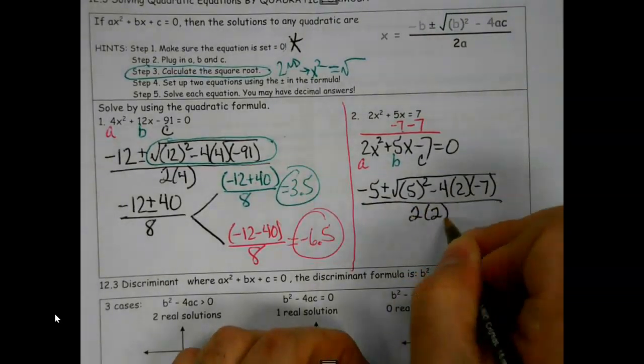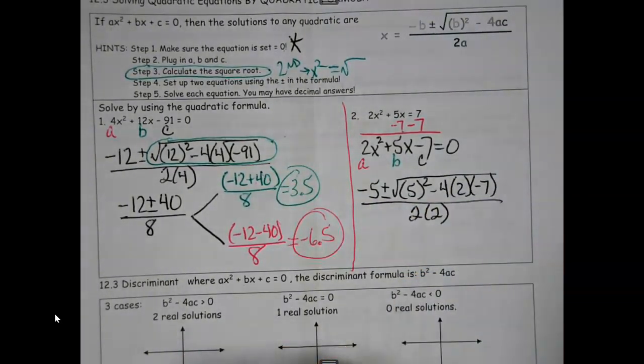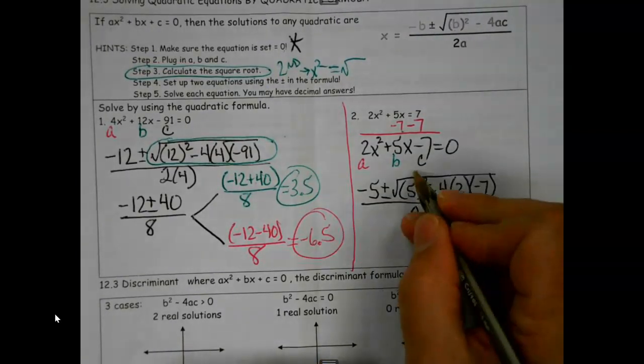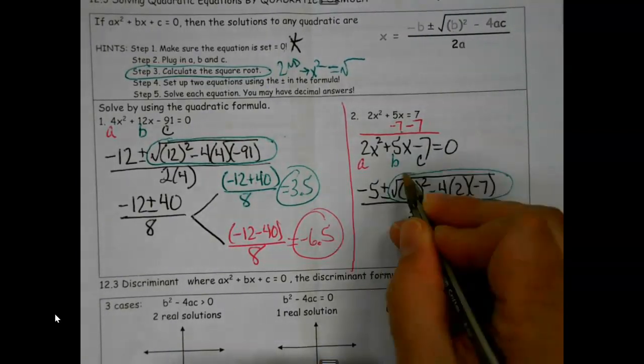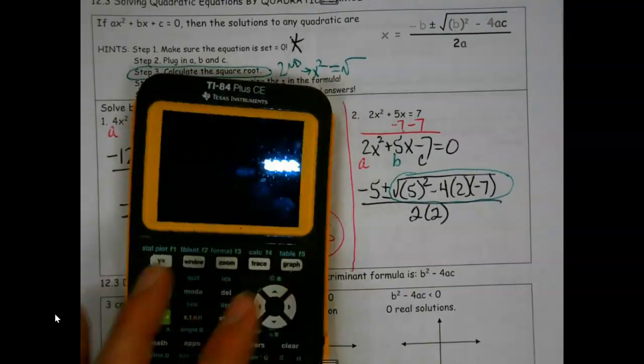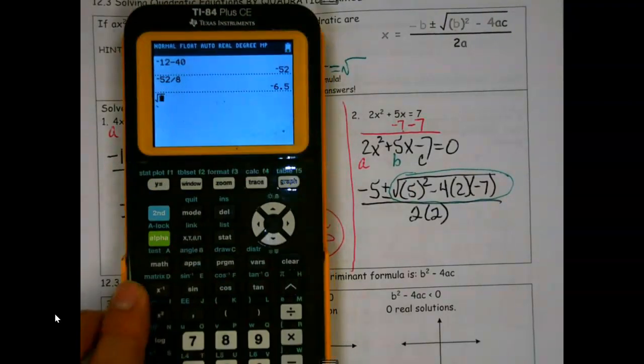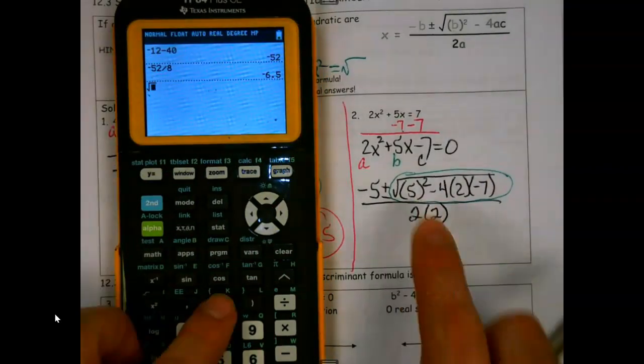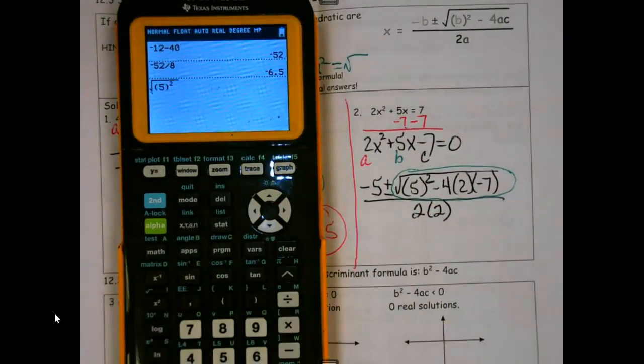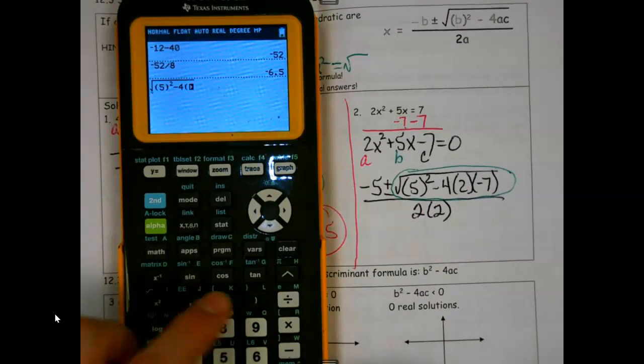All over 2A. And as we noted on the first one, this radical right here, this square root, second x squared, exactly as you see it. Don't change a thing.